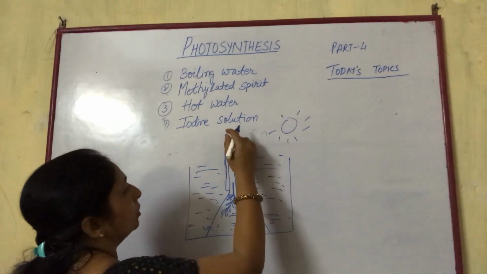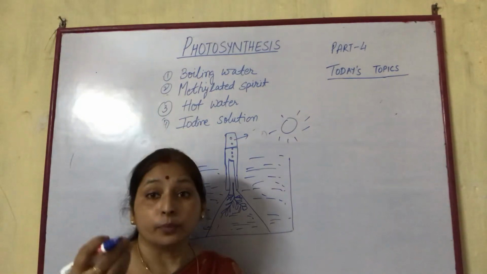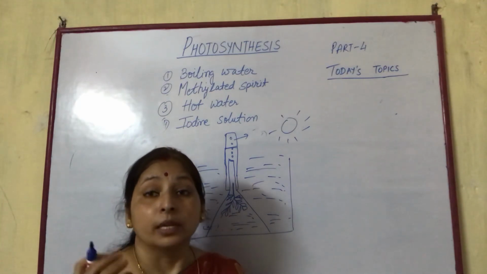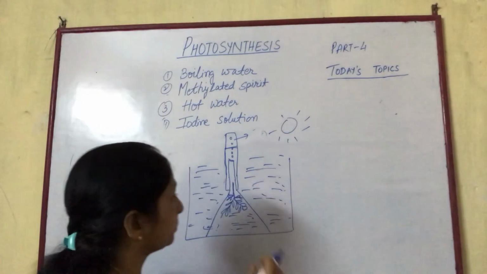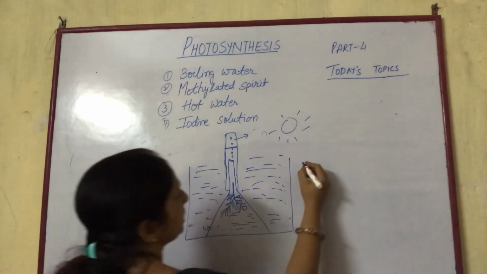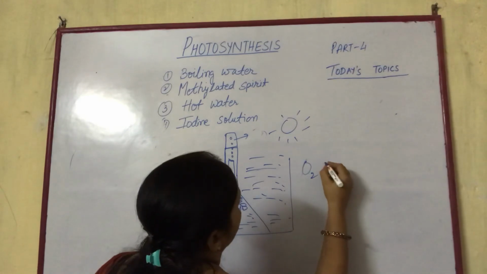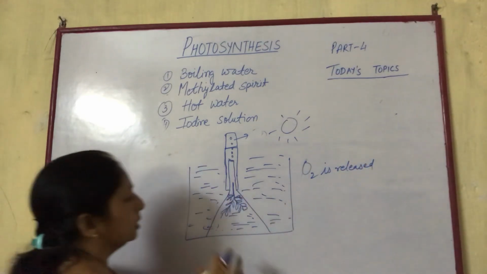If this is tested with a burning splinter, then it burns with a bright glow, showing that oxygen is released during this process. So this experiment is to prove that O2 is released during photosynthesis.